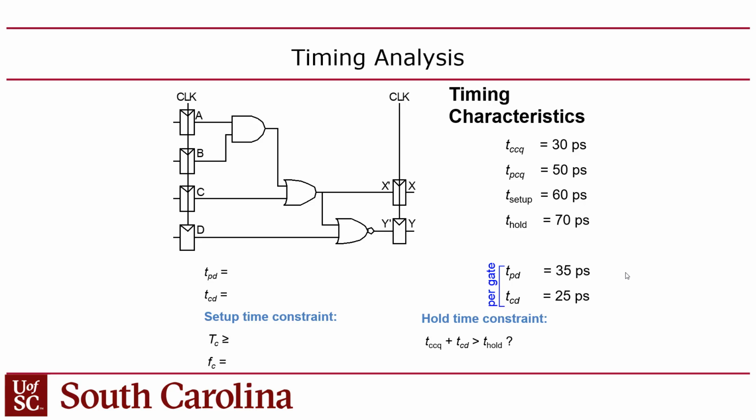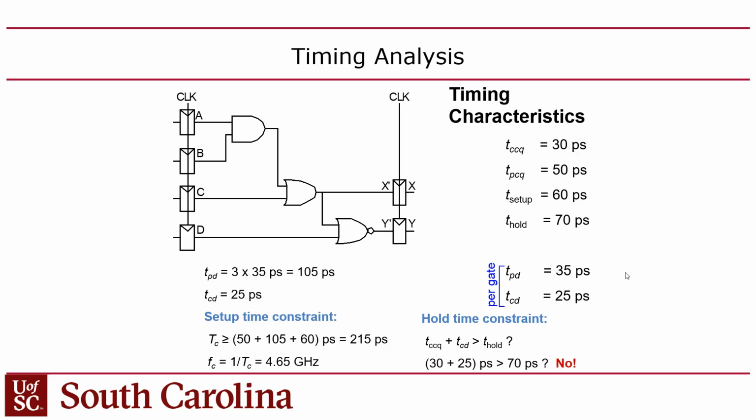So the contamination delay of the circuit is just 25, whereas the propagation delay is 35 times 3, which is 105 picoseconds. That's the slowest the circuit will be for the combinational logic. Contamination delay is 25. That's the fastest that you'll get an output out of that circuit.